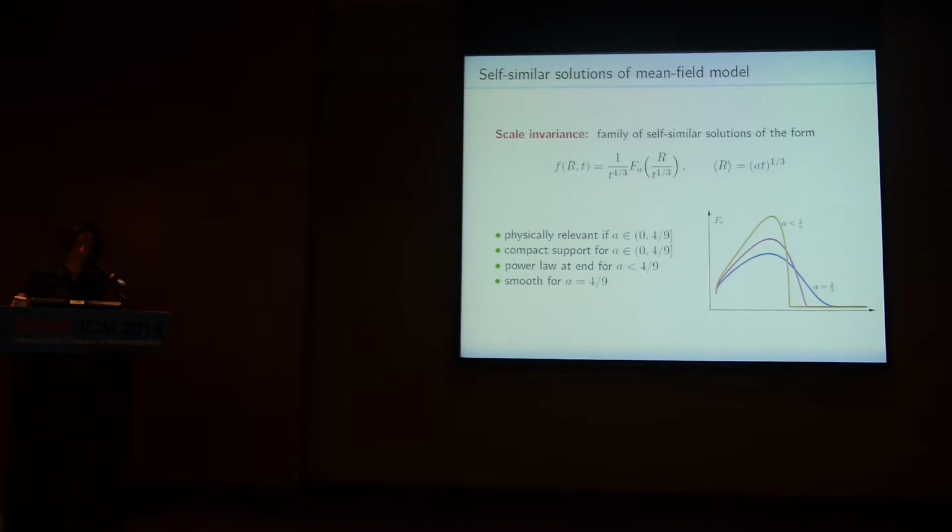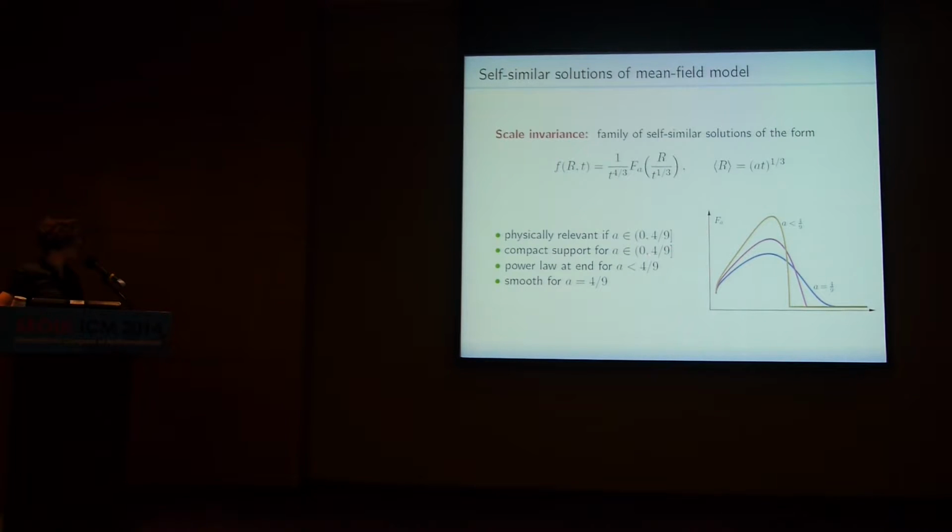You plug it into the equation, you get an ODE for this capital F that is easy to solve, and you find that there are physically relevant solutions. There's not only one, there's a whole continuum of solutions, corresponding to this parameter A, which is our growth rate, in the interval (0, 4/9], including 4/9. All of these profiles, this is not exactly how they look, really just very schematically, have compact support, and they can be distinguished by their behavior at the end of the support.